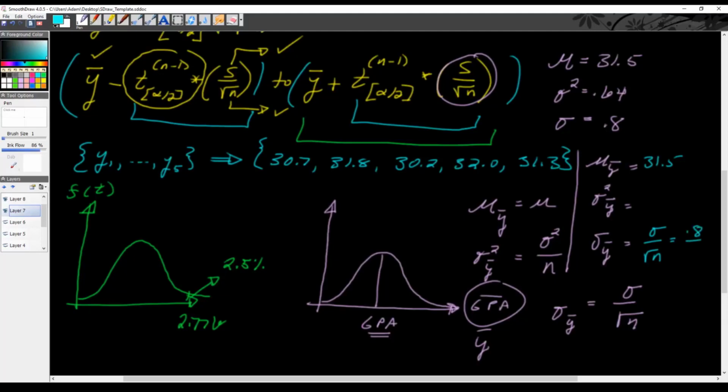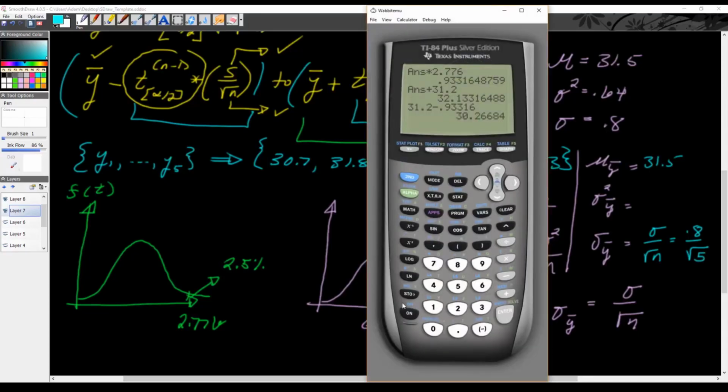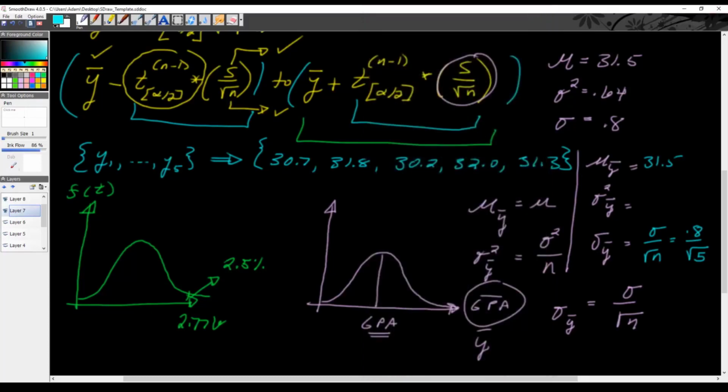So 0.8 divided by, we said n equals 5 from before, so 0.8 divided by 5, 0.8 divided by, not 5, the square root of 5, and that gives us 0.358. So that's the answer to that question, and that question is in the notes.